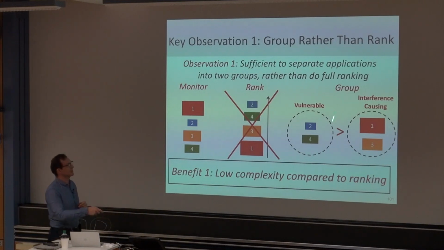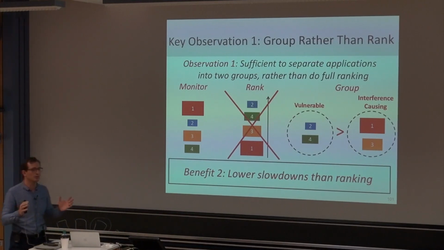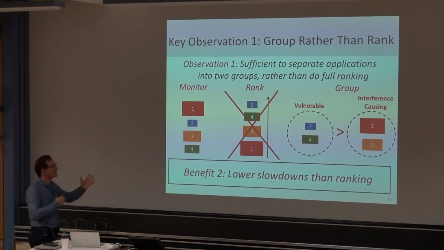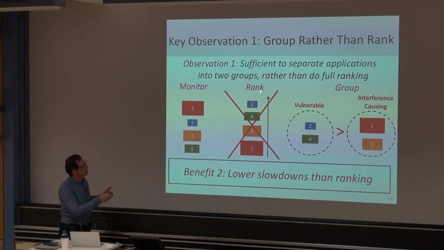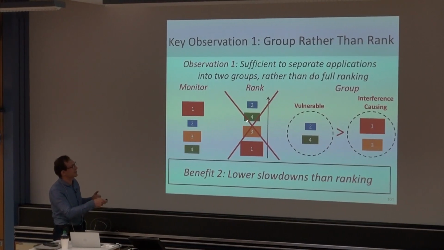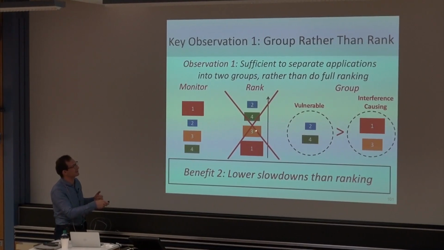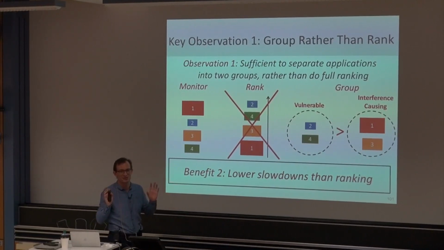This gives you low complexity compared to full ranking, clearly. This also leads to lower slowdowns than full ranking, because full ranking has the problem that it's too strict. Why do you need a full ranking across all of these threads? Why do you care about thread 4 being ranked over thread 3 if they're not really interfering that much with each other, right? That's the key realization over here.